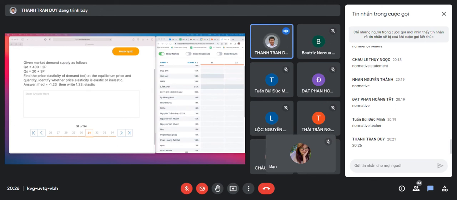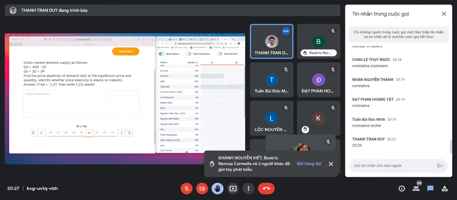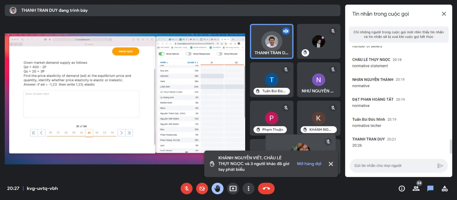Of course, in the exam we have similar questions like this, and they ask you to do a calculation. Are you back? Raise your hand if you're back. Okay, just a few people.